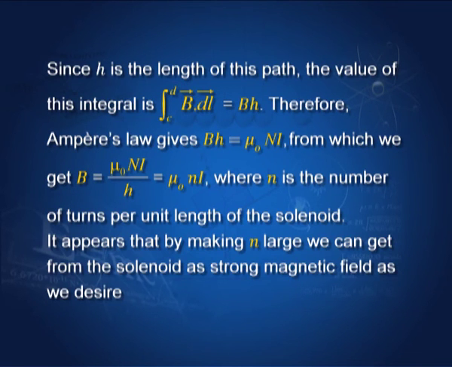So, B times h is equal to mu 0 n times I. That is what we have done here. B h is equal to mu 0 n times I, and therefore, B is mu 0 n I by h, and n by h is the number of turns per unit length.